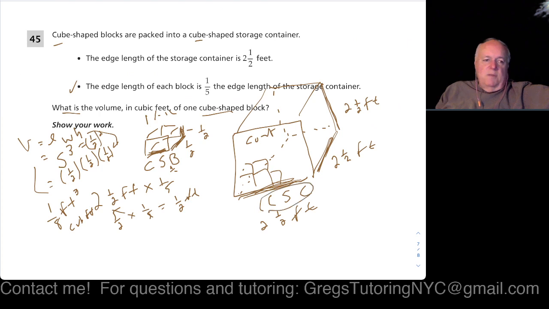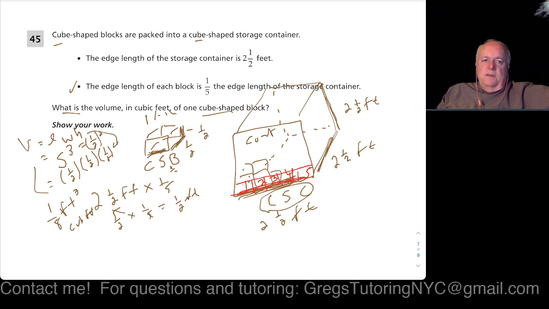And by the way, before we move away from this concept of half, let me change the colors to make clear what I'm talking about. If the side length of the container was 2.5, and we split it into 5 pieces, we're going to have 1, 2, 3, 4, 5 cubes along the front there. That's what it's saying.